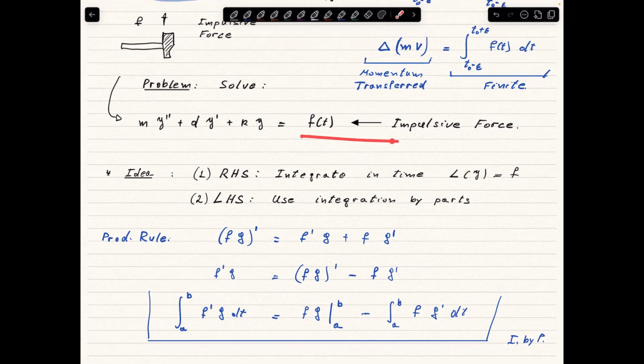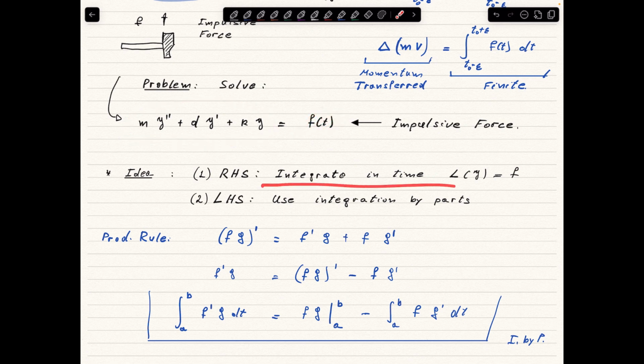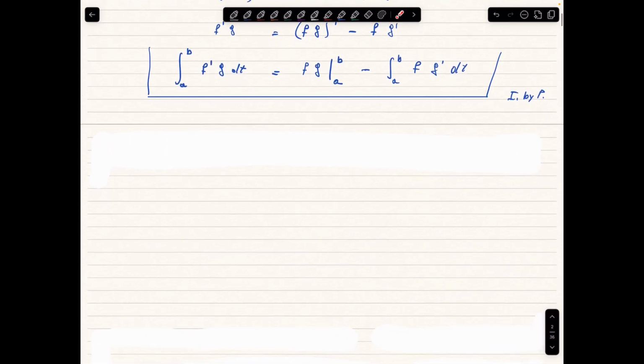The impulsive forces give us the main tool to solve this problem, which is to integrate in time. But since we are going to integrate in time, now we are going to need to deal with the left-hand side. So let's forget about the impulsive forces and let's see what we can do with the left-hand side when we integrate in time. And let's try to use this integration by parts formula for that.